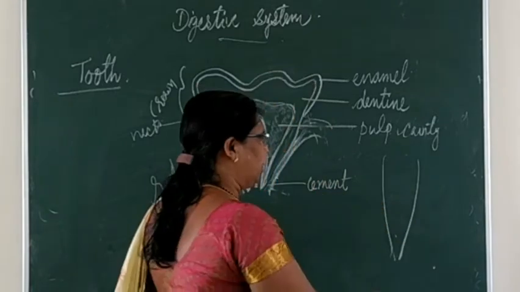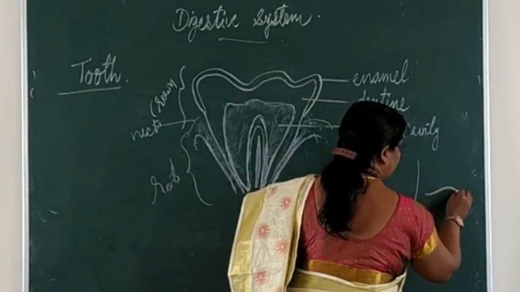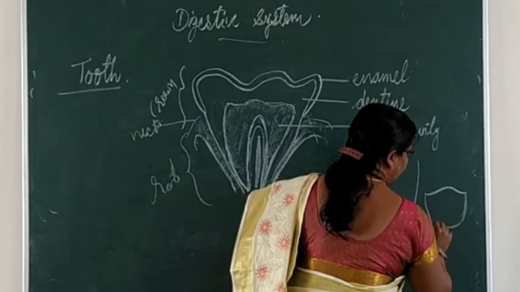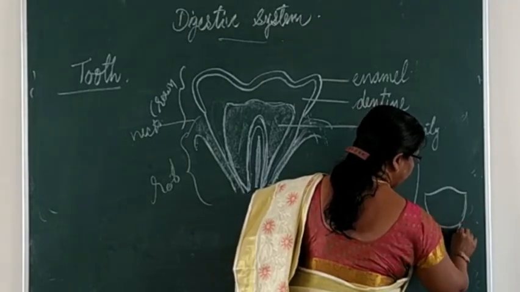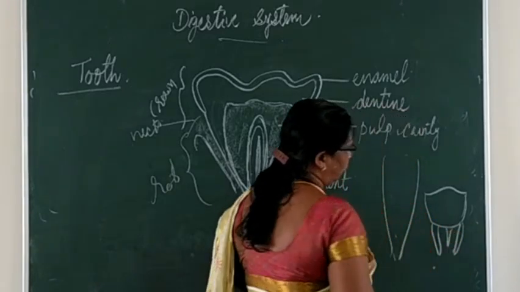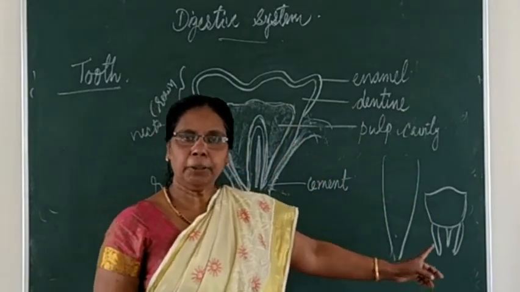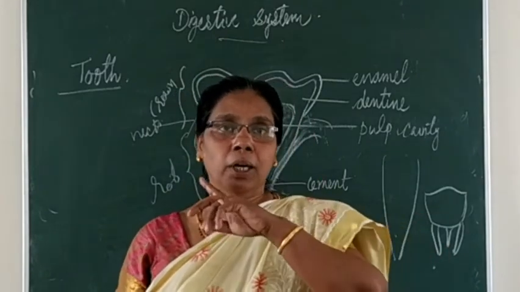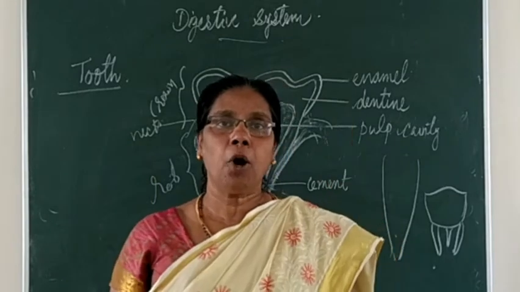When you were learning the structure the other day, you saw that the molar has three processes, isn't it? Are you remembering this? Three processes you can see only in the upper molars.